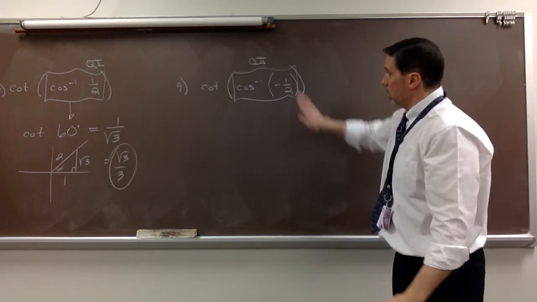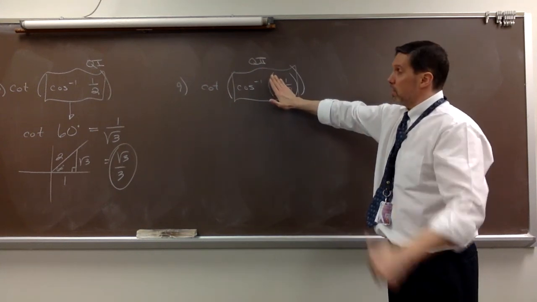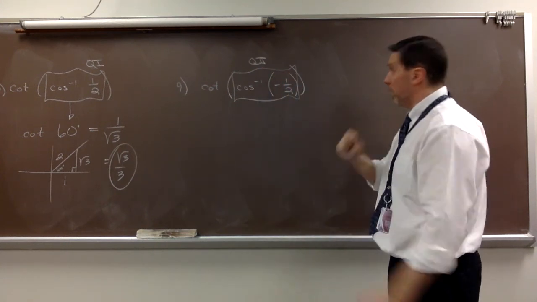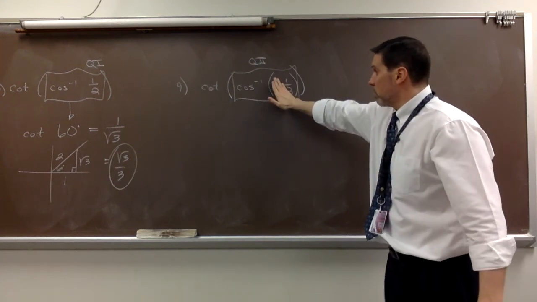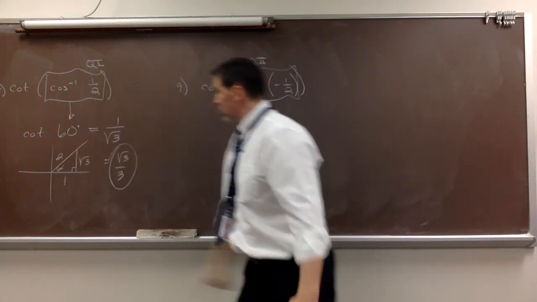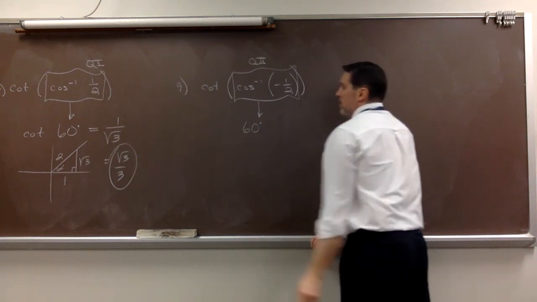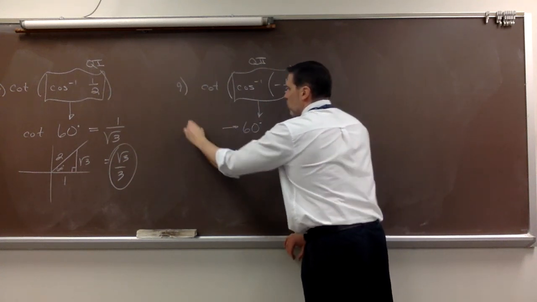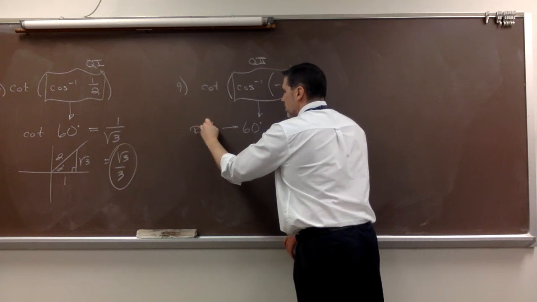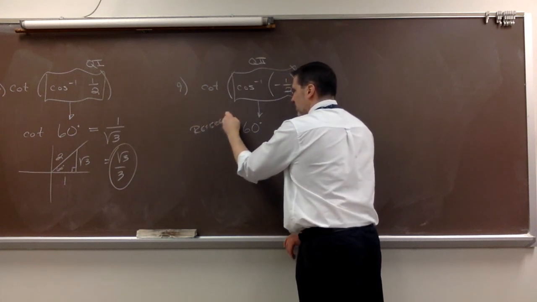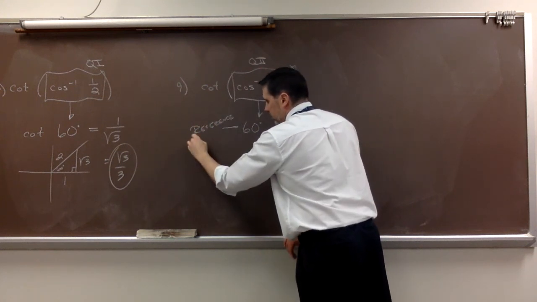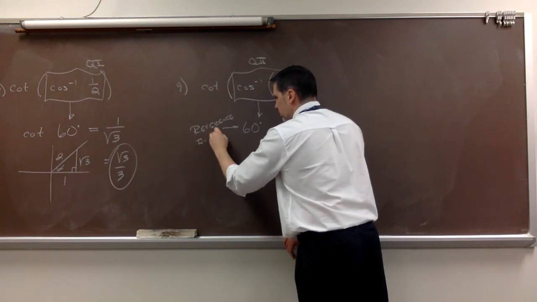And as I was saying, ignore the negative, and that gives you a pretty strong clue as to how we're going to have to figure this out. Now, when you ignore the negative, we find out it's 60 degrees. So I'm going to say 60, but again, that's a reference. That's going to be our reference angle in Q2.